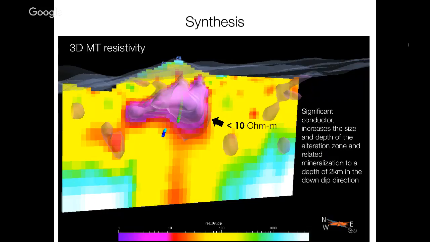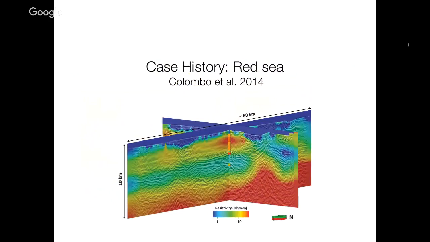And sometimes that's good enough. So at this point, we'll turn it over to Sagio, who will take you through this case history for the Red Sea, and then we'll have a coffee.